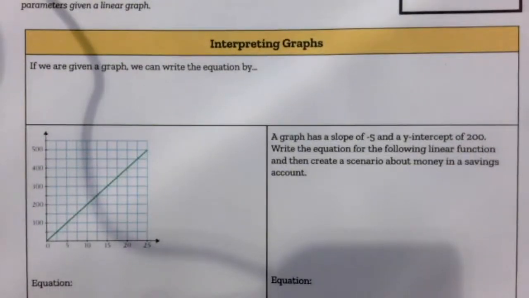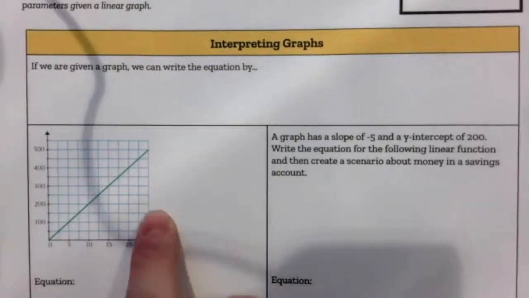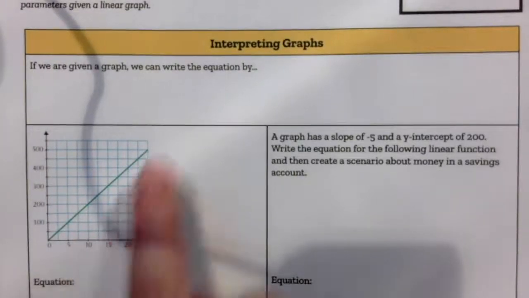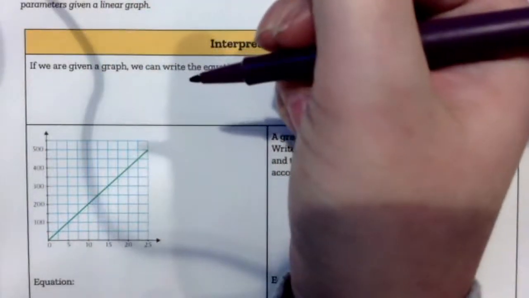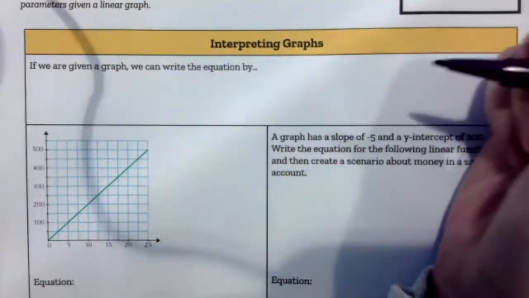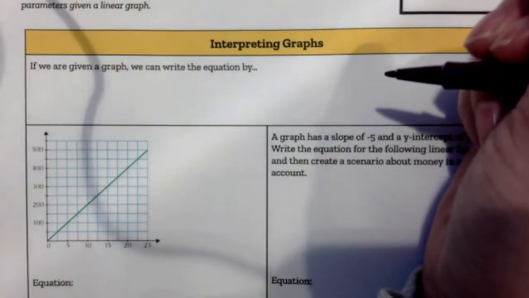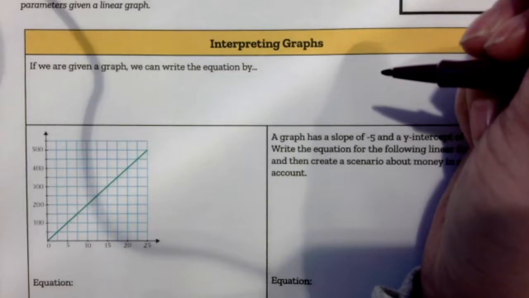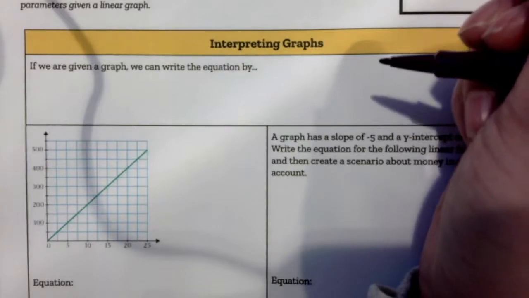So if we are given a graph, we can then work backwards and write the equation by doing two things. The easiest equation to write is y equals mx plus b, so our slope-intercept form. And so to write that type of equation, you need m and you need b.